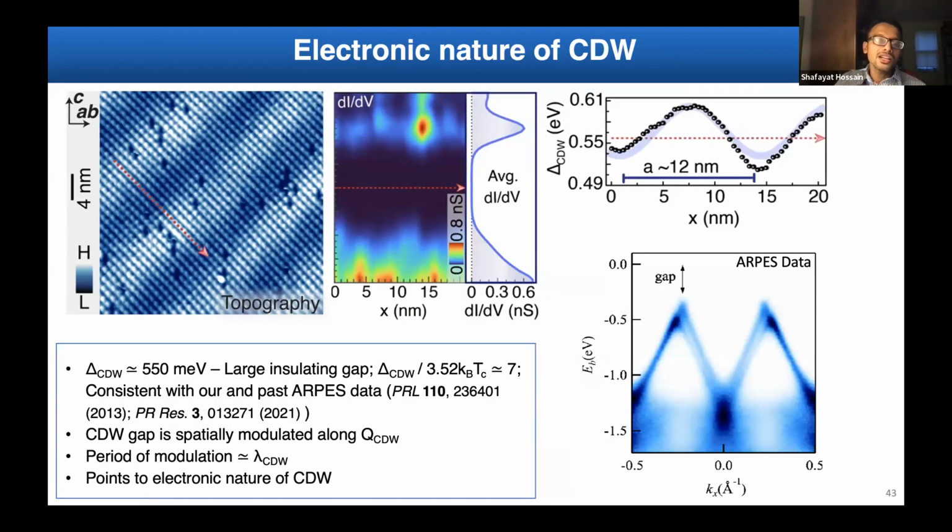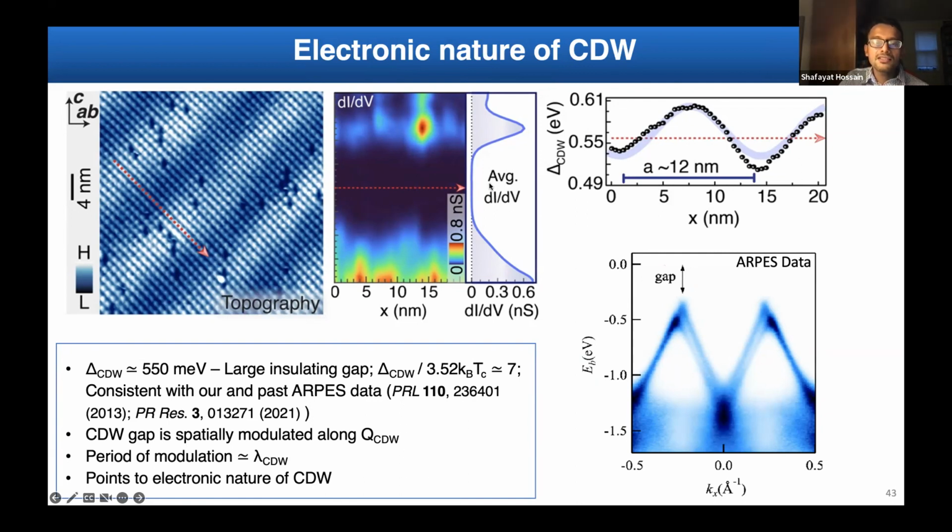Spectroscopically, this charge density wave state features a very large insulating gap. This is about 550 millielectron volts. So this is a very large gap. And this gap is also consistent with the ARPES data, which of course probes only the occupied side, with half of it.